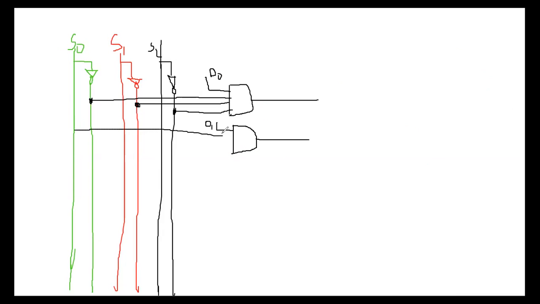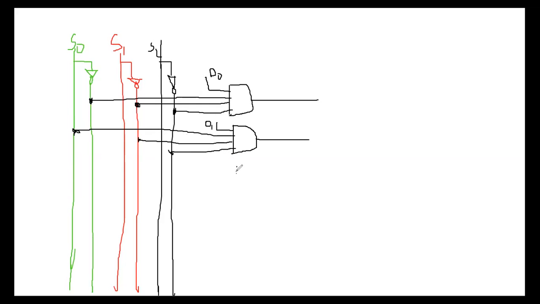So directly I am connecting from here, S0, and S1 bar and S2 bar. Okay. That is the second AND gate output: D1, S0, S1 bar and S2 bar.